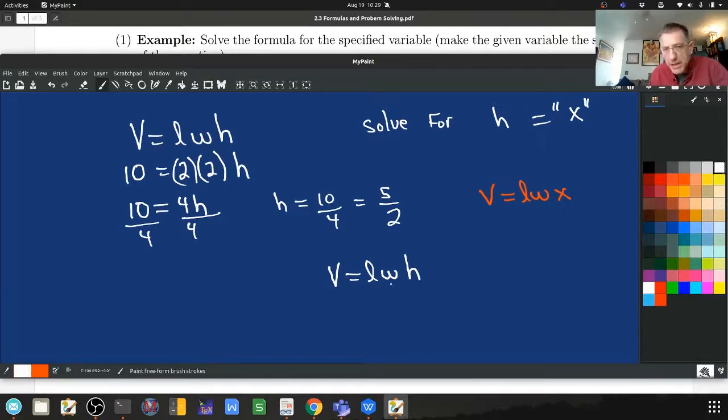So I already have the variable H isolated on one side.